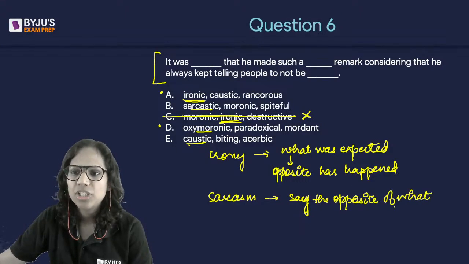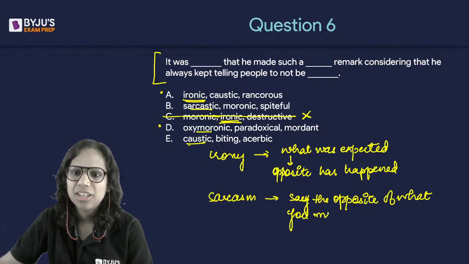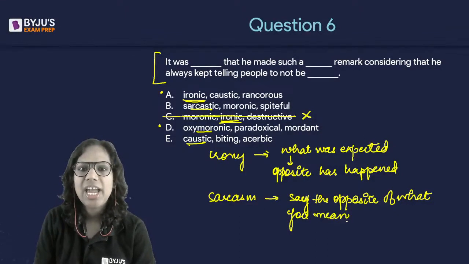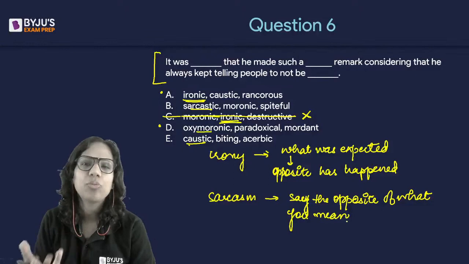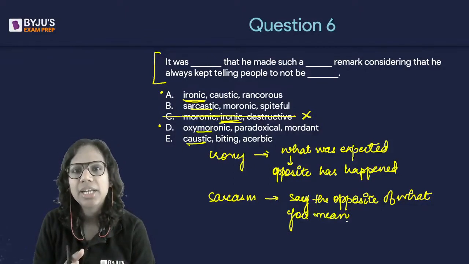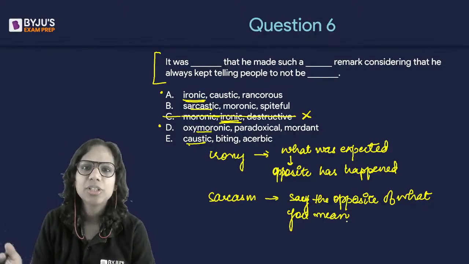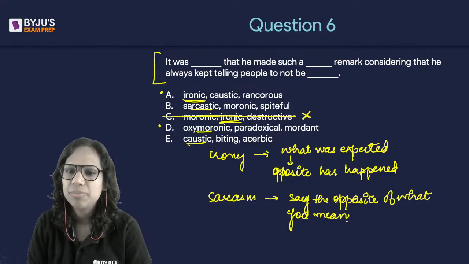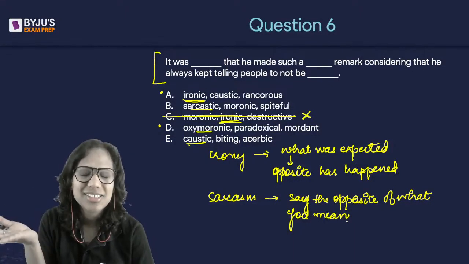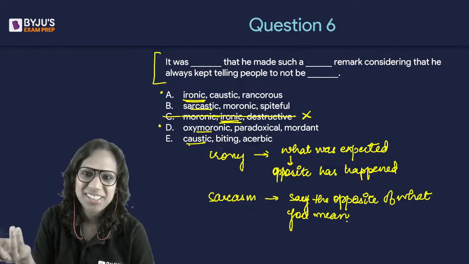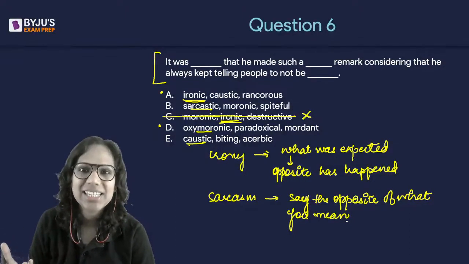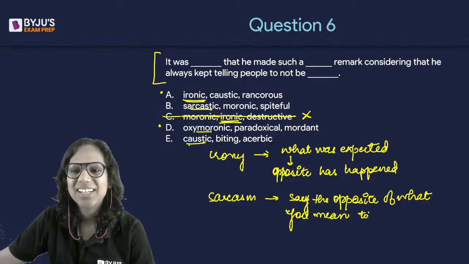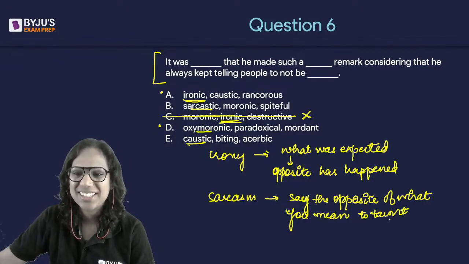Okay, so for instance, if there's a problem, and someone states a very obvious solution which I have already tried and that has not worked, and that's why the problem still exists. So if someone states a very obvious solution and I am in a bad mood, I would say, oh genius, that would never occur to me, right? So I am being sarcastic there, of course. So say the opposite of what you mean, and the idea is to taunt the other person, right?